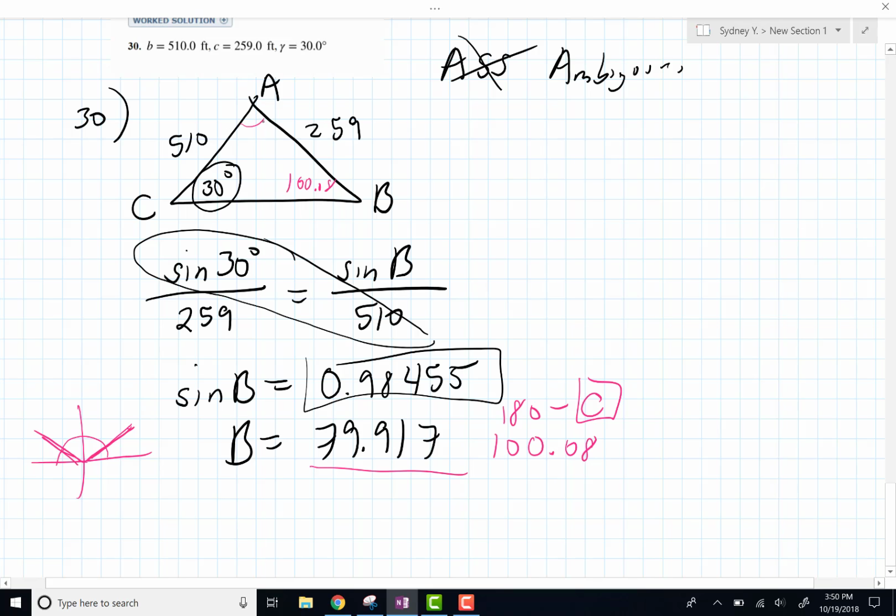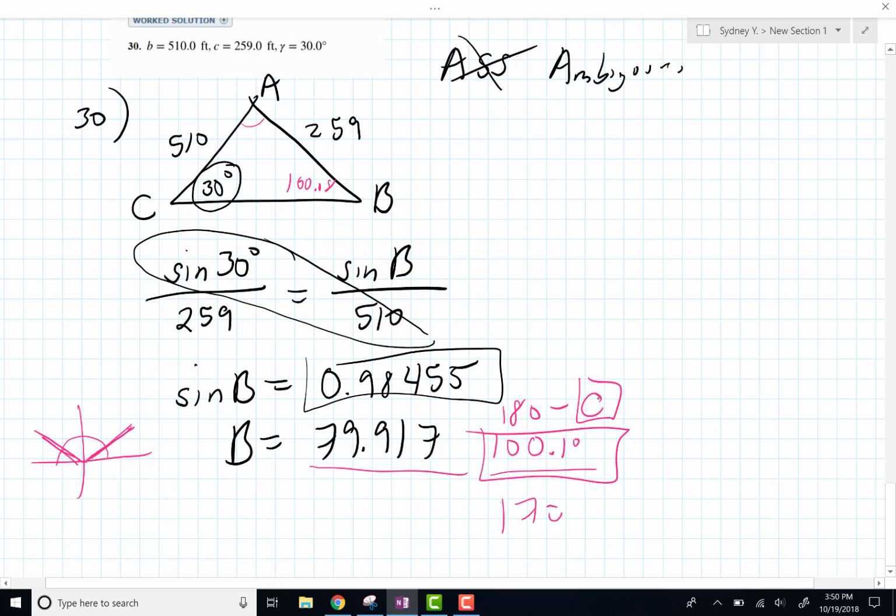I've got some room left. Sometimes this angle is so big it doesn't fit in the triangle. Sometimes that angle is like 170, and you're like, wait a second, 170 plus 30, that's 200 degrees. That's not going to make a triangle. It's just going to be this one case, and you just finish out this one case. But darn it anyway, for us, this 100, I'll call it 100.1 degrees, does work.